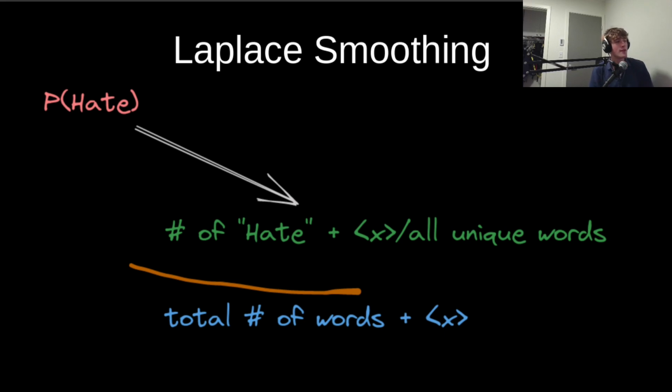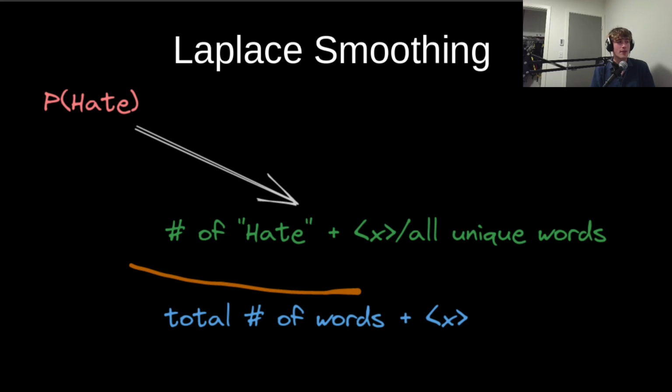So if I want to look at the probability of something like hate occurring, even though let's say it never does, so our number of hate here is going to be 0, what I can do is a process called Laplace smoothing. What Laplace smoothing is, you basically add some constant, we'll just call it x here, and you add x divided by all unique words in your numerator, and then when you're calculating your frequency, you add x to the denominator as well.